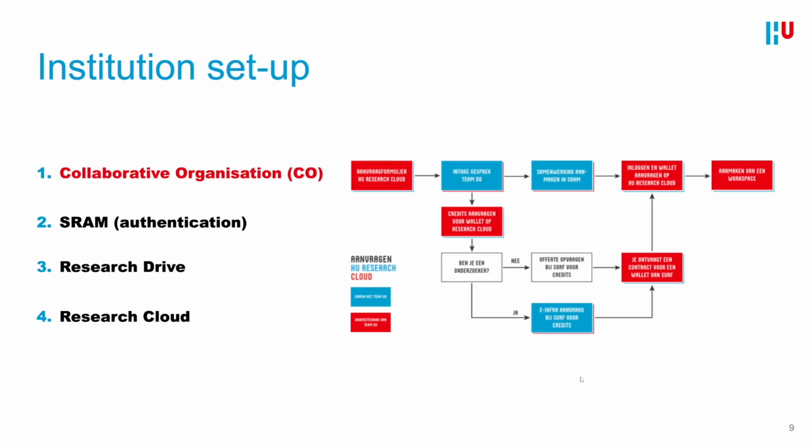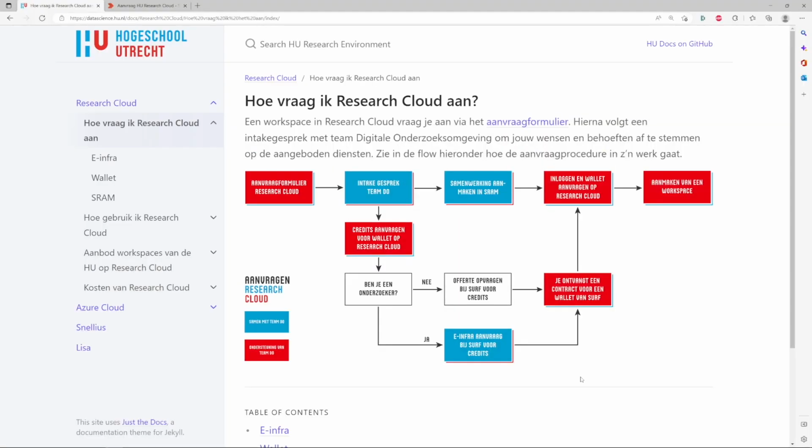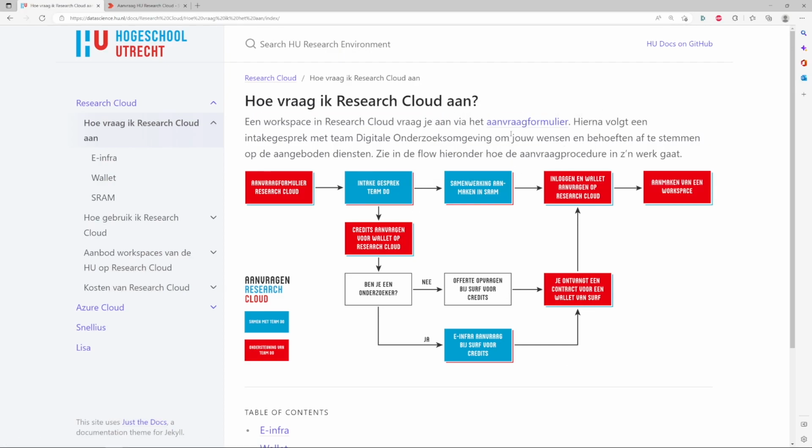And just to shortly show you what that looks like, this is datascience.hu.nl. This is where our documentation resides, for example, how to request a Research Cloud. Here we see that in order to get a workspace in the Research Cloud, you have to go to the request form.